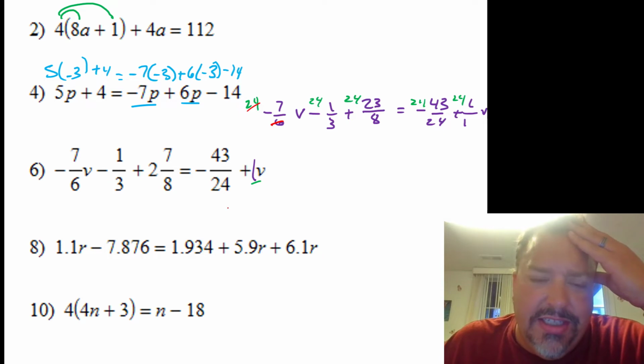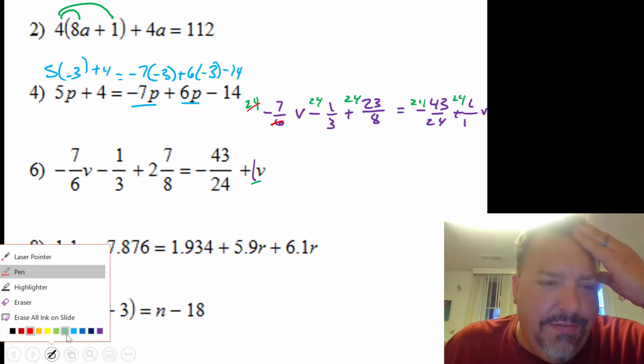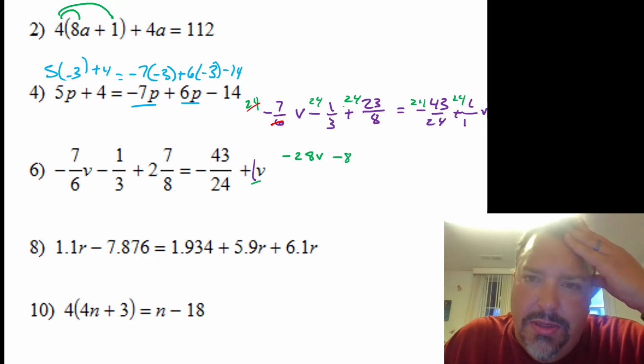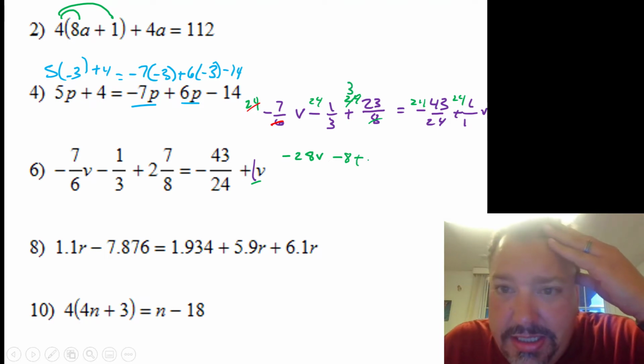24 divided by -6 is going to be -4. -4 times -7 is going to be -28v. -28v minus 24 divided by 3 is 8. 8 times 1 is 8. 24 divided by 8 is 3. 3 times 23 is going to be 69.